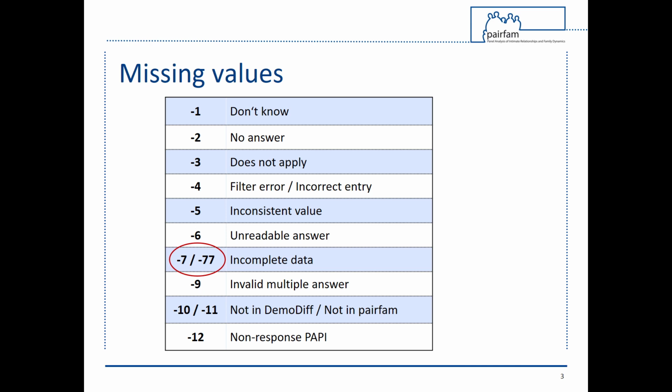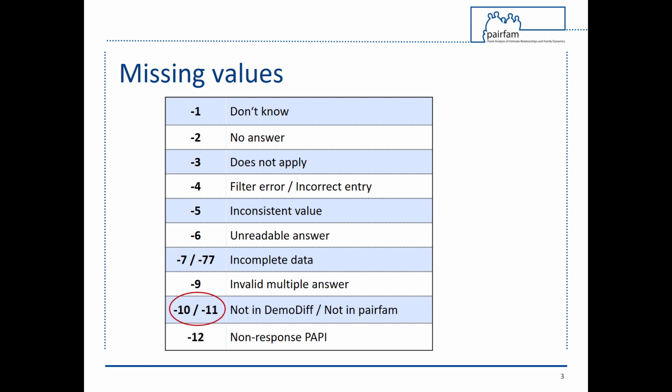For the generated variables MCS and PCS, the value -77, incomplete data, is used. In the alternative datasets, the value -9, invalid multiple answer, was assigned if the respondent checked more than the permitted number of options.